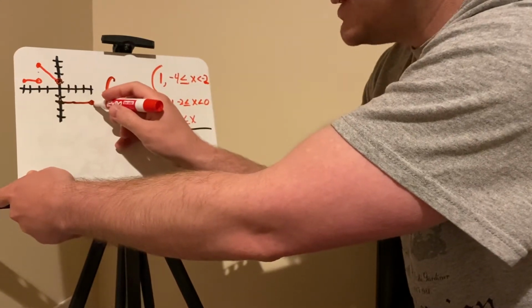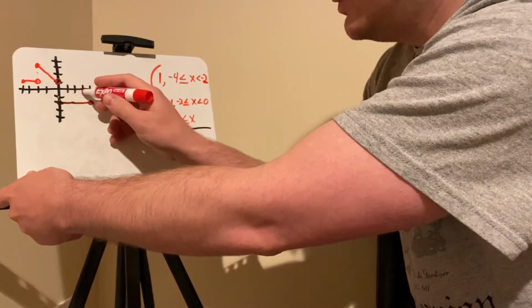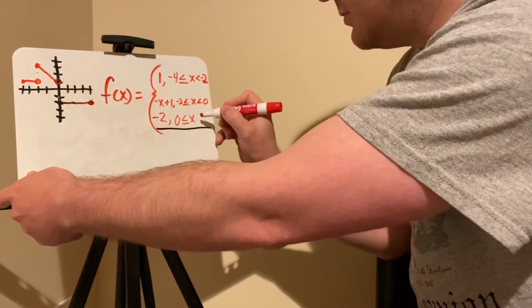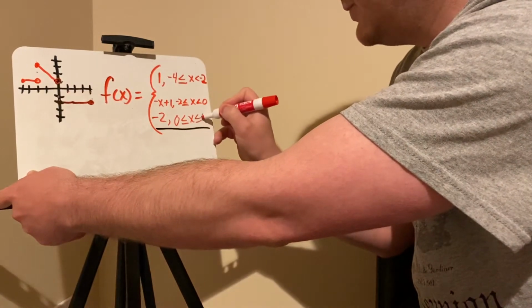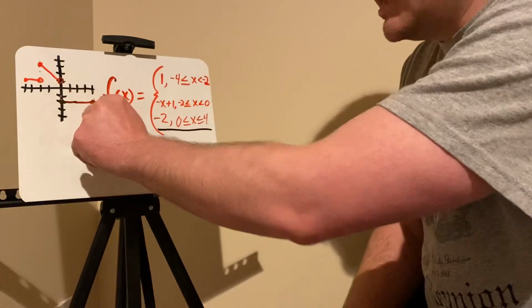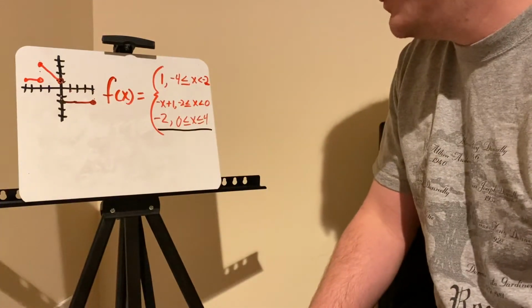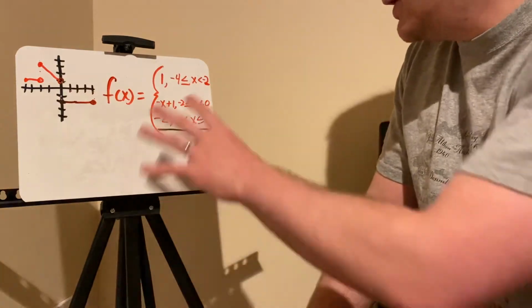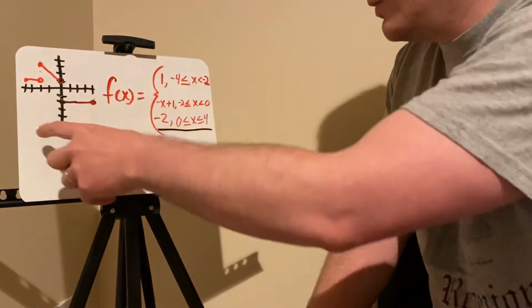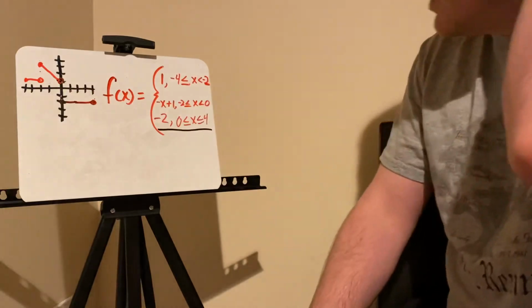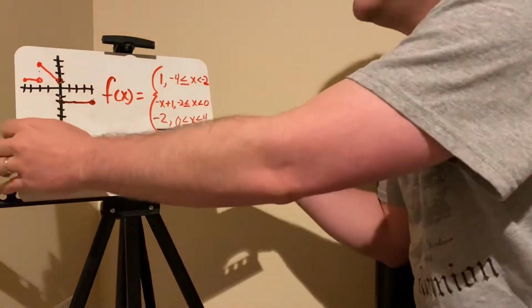And it actually also has a filled in circle here, 1, 2, 3, 4. And so x would be less than or equal to 4. If this was an empty circle, then it would not be included. You just have a less than symbol there. And that's how you would interpret or write from a graph into your piecewise function. This is what it would look like written out.